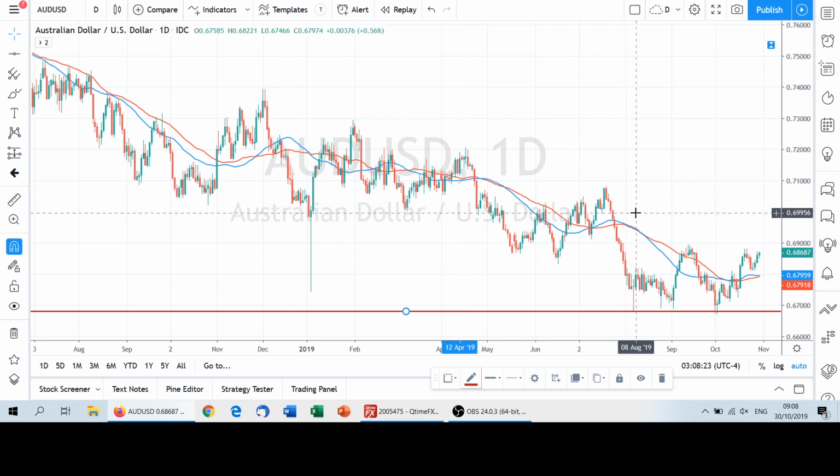We got to 66.77, 66.88, and here 2 days in a row, 66.72 and 66.71. So we're talking about the 70s here, guys. We have been dropping for quite a while, and we got to the 66.70s, and we started recovering again. We are almost 200 pips above that price level at the moment.